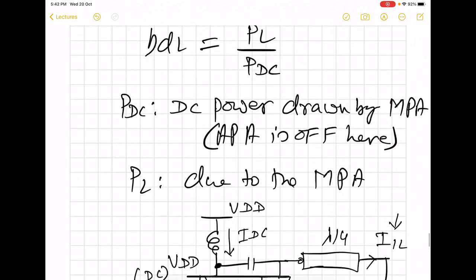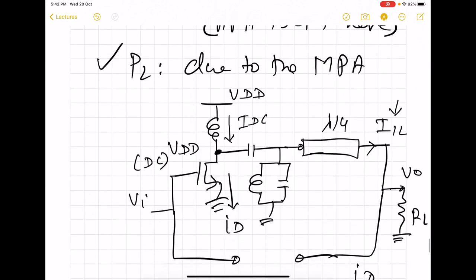So now we have to find out PL. So PL is going to be decided by this VO. So we have used this VO for all the cases, for lower and upper. So we will always write the power delivered to the load in terms of this voltage.